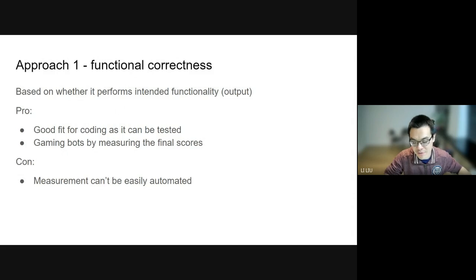So, let's say for a performance evaluation of a worker, we can just see whether this worker finished all their tasks or not by looking at the output. And this is the best fit for coding tasks.